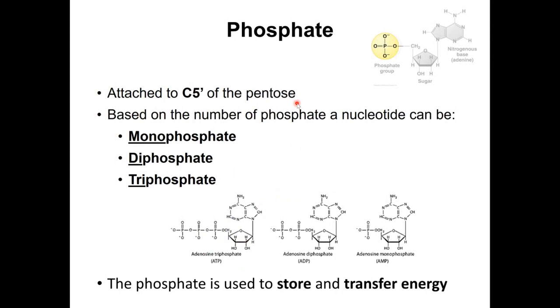Now, together with this sugar, the pentose, which again can be different in ribonucleotides versus deoxyribonucleotides, on 5 prime of the pentose, no matter what type you're talking about, you always find 1, 2, or 3 phosphates attached to it. If you have only one phosphate group, you're talking about a nucleotide monophosphate.